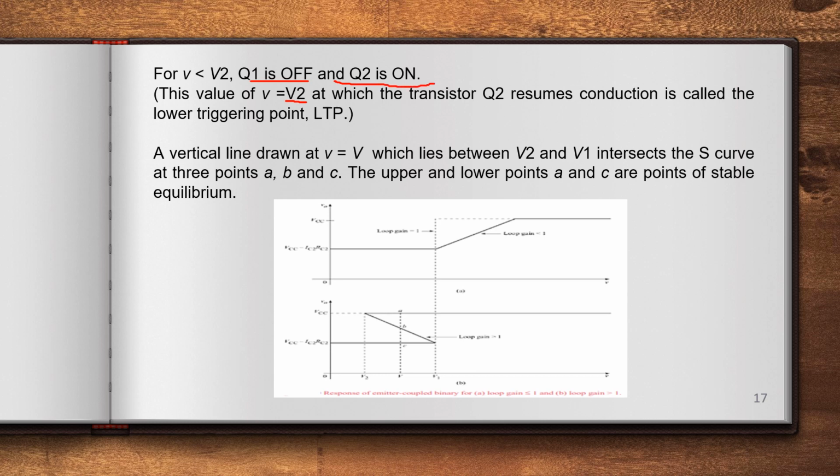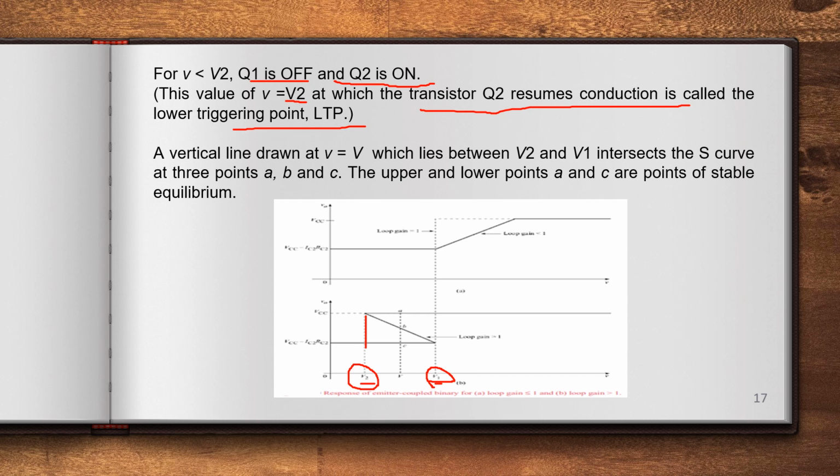This value of input voltage brings the transistor Q2 again into conduction state, and this value is called the lower trigger point, represented by V2. This is V1, this is V2. So this is the value of input voltage which brings the transistor Q1 into conduction state, and this is the value of input voltage which brings the transistor Q2 into conduction state again.